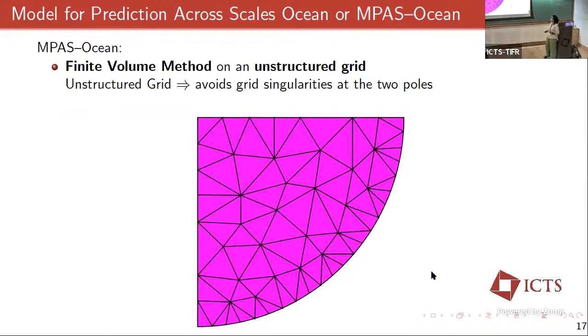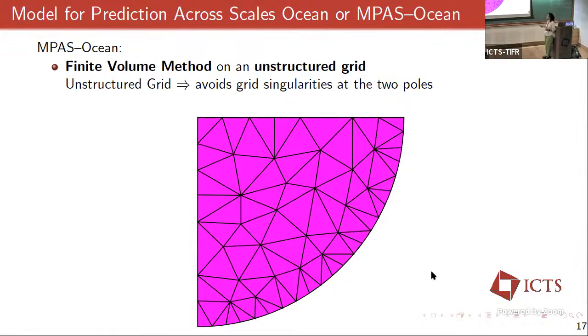During Jim's talk, somebody asked about the gridding, the poles, the singularities. One salient feature of MPAS-Ocean is that it uses an unstructured grid. Due to this unstructured grid, the singularities are avoided at the poles.